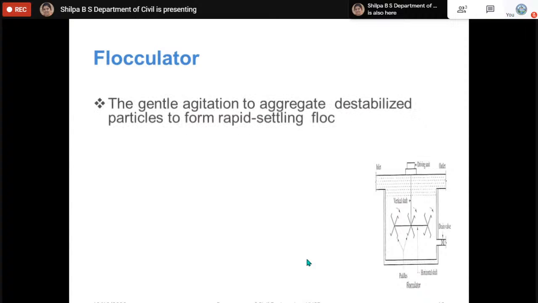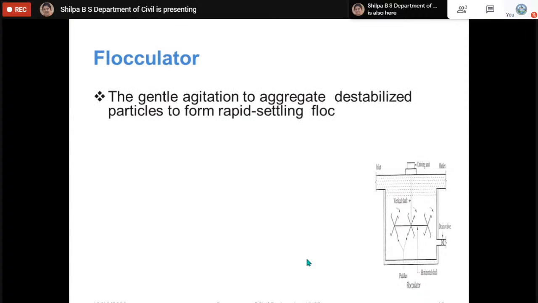So the flocculator is a very important operation, where the coagulant flocks that are formed, the precipitate of the coagulant, have to be increased in size. We have to provide gentle agitation, which we also call slow mixing, to agitate the destabilized particles so that the flocks can grow into bigger size.